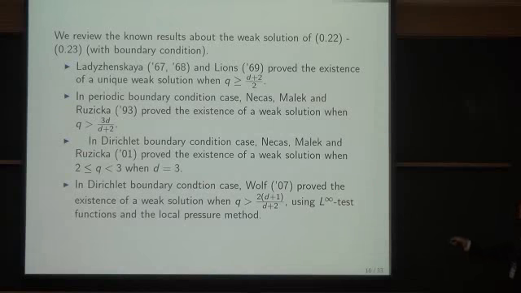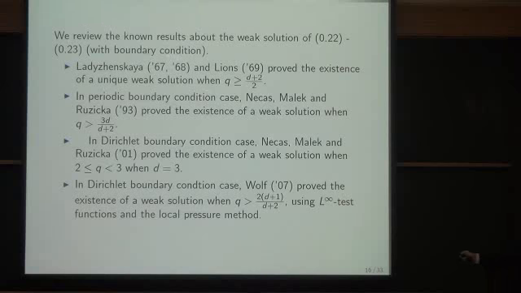since almost 25 years passed from the first results. And the basic method for the Navier-Stokes case is just testing the equation with V and obtaining the energy inequality, which is enough for the construction of the weak solution.